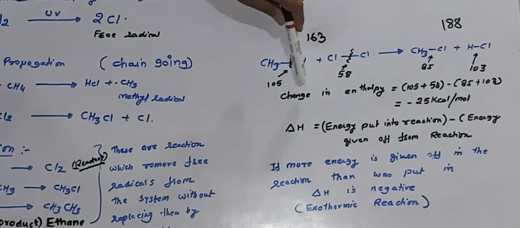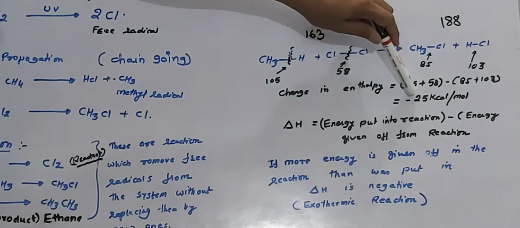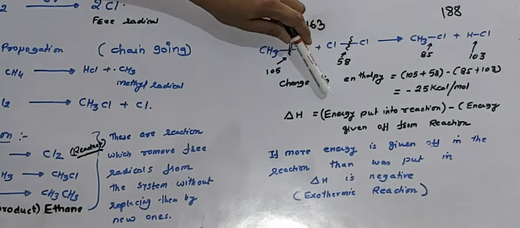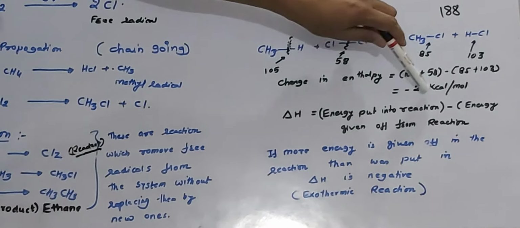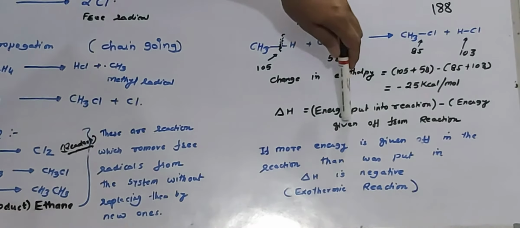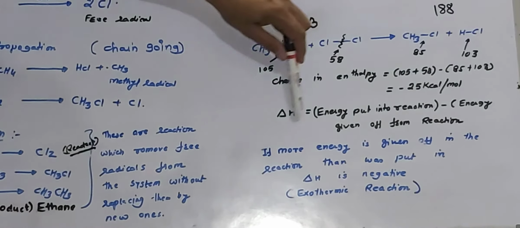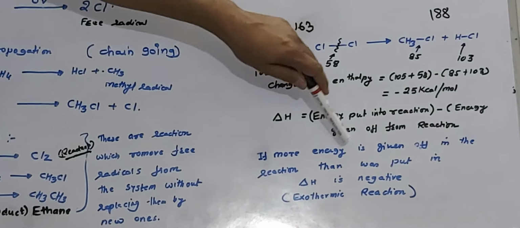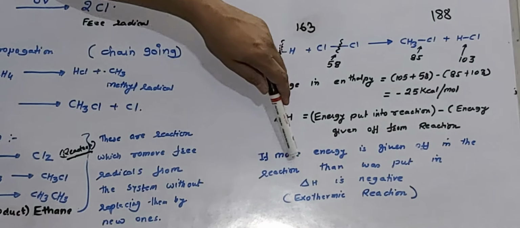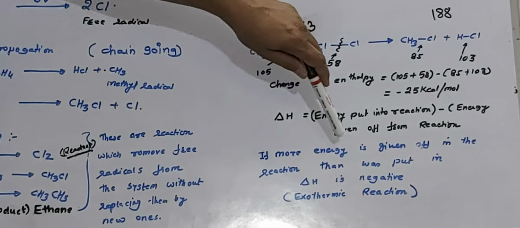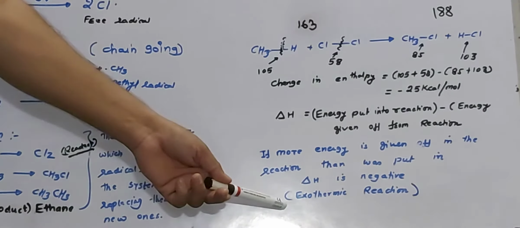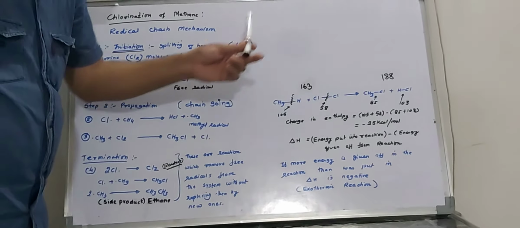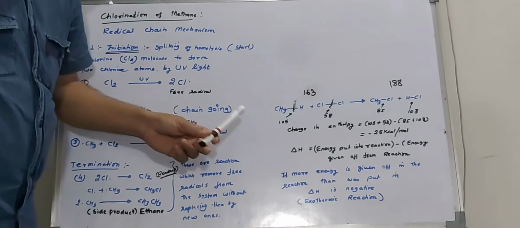So the change in energy which we are getting is minus 25 kilocalorie per mole. Delta H is nothing but the energy put into the reaction minus the energy given off from the reaction. So if more energy is given off in the reaction than was put in, a negative delta H is obtained, that is known as an exothermic reaction. So here in this particular chlorination reaction, an exothermic reaction is obtained.